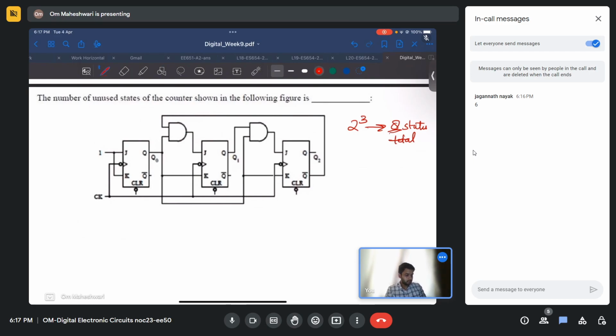So let us see this. J0, K0, J1, K1, J2, K2. J0 equals K0 is 1 always.